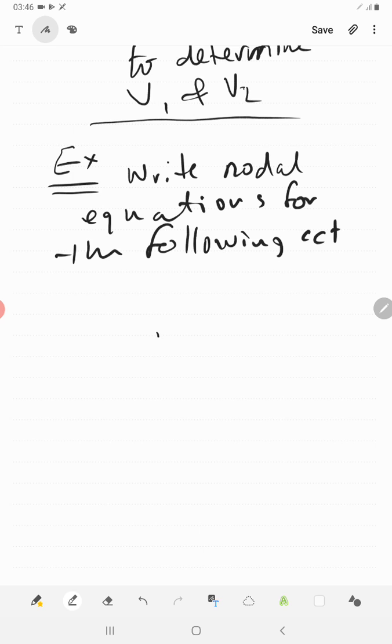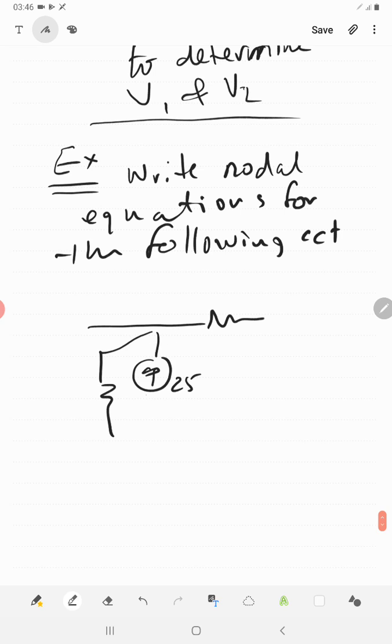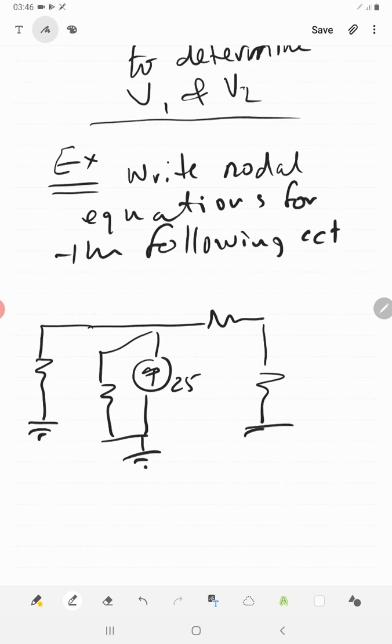Let's assume that we have here a current source of 5 amps, a resistance here, okay, another resistance here, a resistance here, a resistance here, a node here.